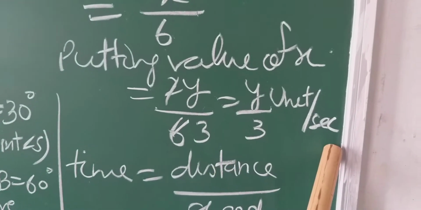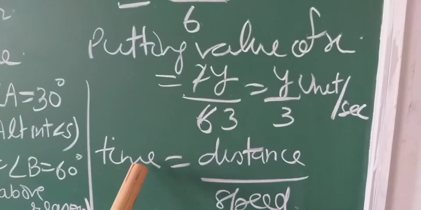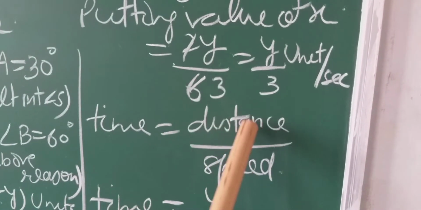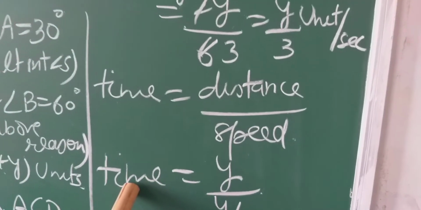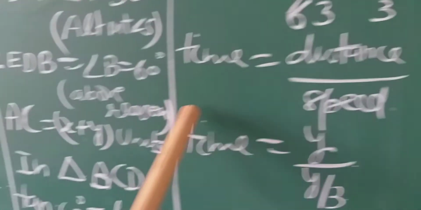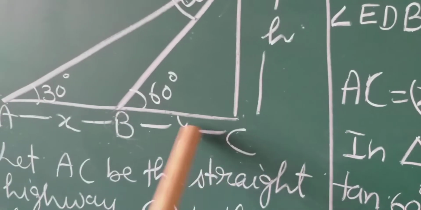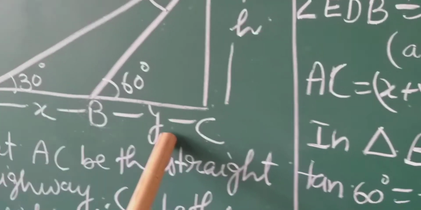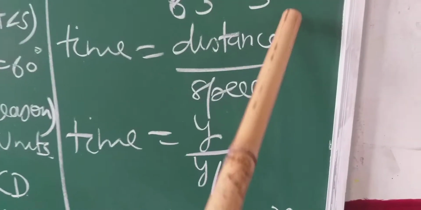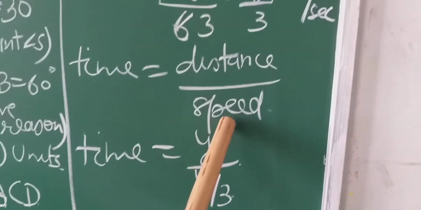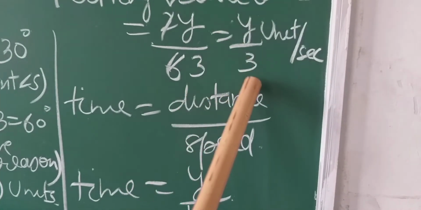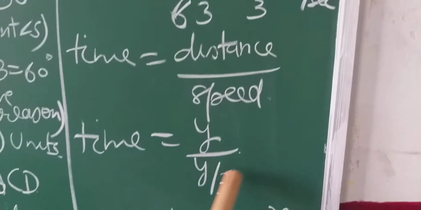This is the speed of the car. Now we have to calculate time. Time equals distance upon speed. Distance to be covered is y meter, y unit. So in place of distance we write y. Speed just obtained is y upon 3.